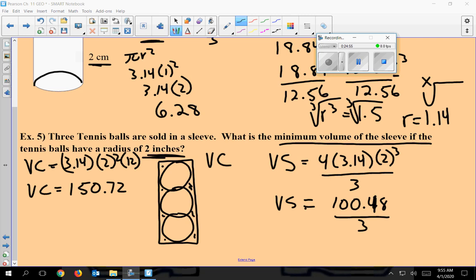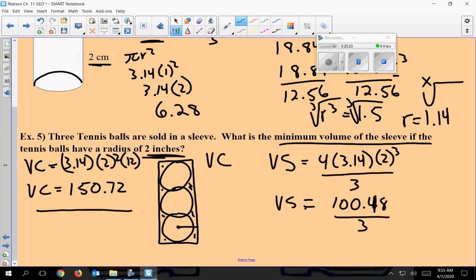Let's talk about this a little bit. I haven't given you the total answer yet. I want to make sure I explain some stuff to you, okay? Over here on the left, I found the volume of the cylinder, okay? So that was the area of the base times the height. Now, I want to make sure we understand something. The area of the base, we assumed that the radius of the ball is touching the side of the cylinder, okay?